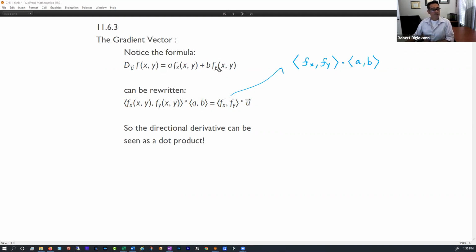Y'all agree with that? You might be asking, why would you do that? But I'm just asking you to agree we could, right? We could do that if we wanted to. So that means the directional derivative can be looked at as a dot product. And that's the way we're going to look at it for right now.